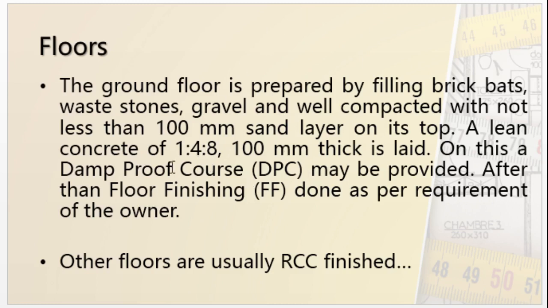We can say damp proof course, or sand layer. Sand is a kind of soil where the porosity is not like the clay layer, so that's why there is less possibility for the sand layer to be involved in capillary action and hamper the building.